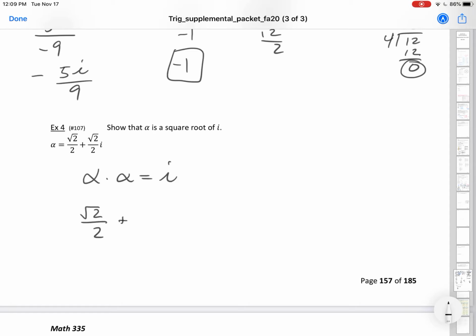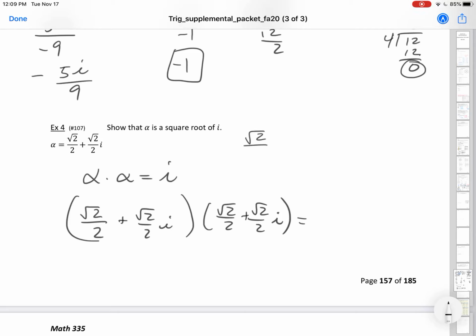Root 2 over 2 plus root 2 over 2i times root 2 over 2 plus root 2 over 2i. So root 2 over 2 times root 2 over 2. This is going to be in almost every one, so just take a look at what it is up top. Root 2 times root 2 is 2. 2 times 2 is 4. So we get a nice 1/2.